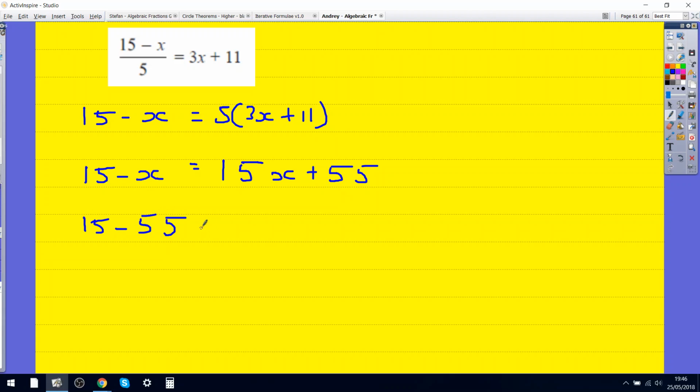So minus 40 equals 16x, and then minus 40 divided by 16 equals x.